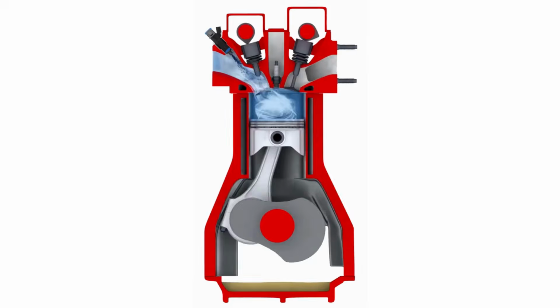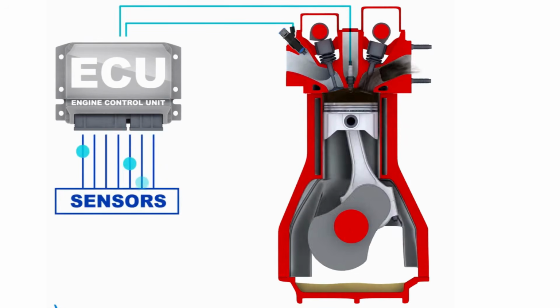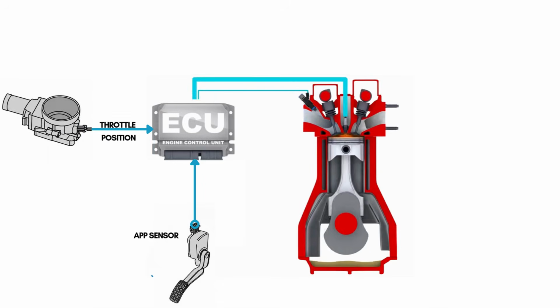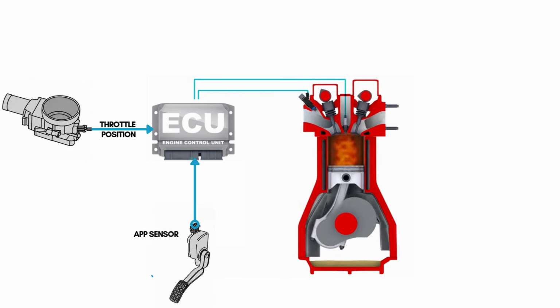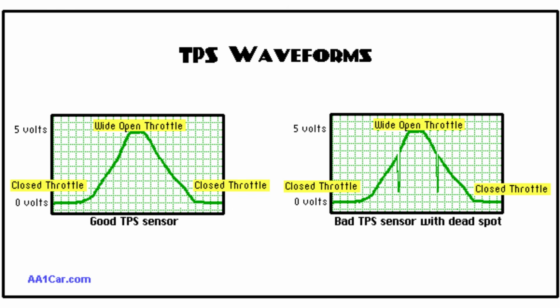The engine control module, or ECM, continuously monitors the signals coming from the throttle position sensor and, on electronic throttle systems, the accelerator pedal position sensor. These sensors receive a 5-volt reference and a ground from the ECM, then return a signal voltage that changes smoothly as you press or release the accelerator pedal. The ECM expects this signal to change gradually and stay within a specific voltage range.